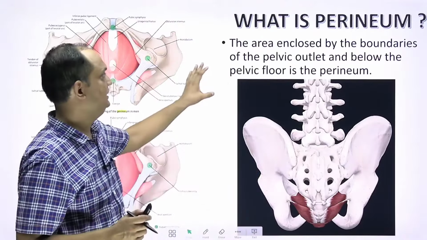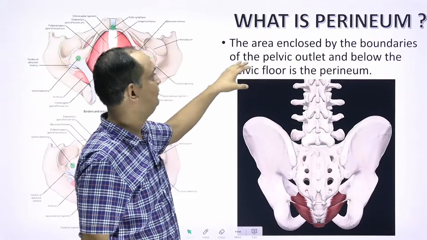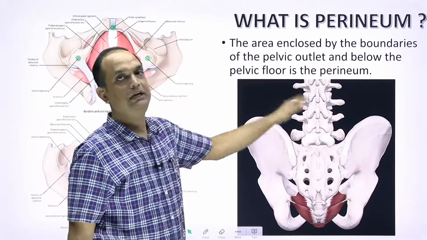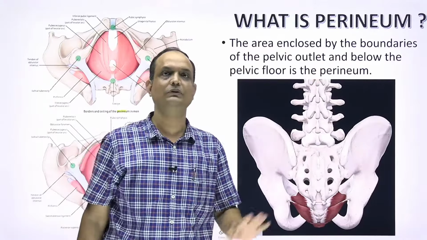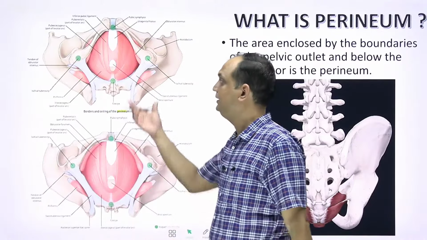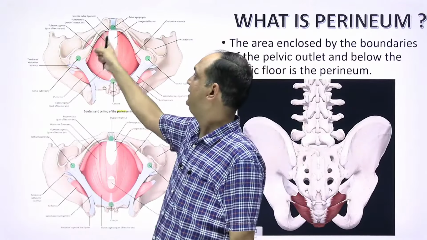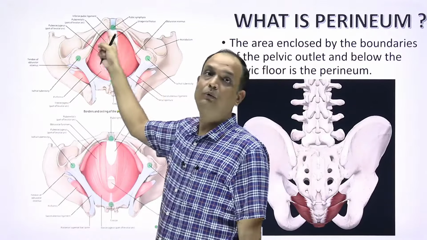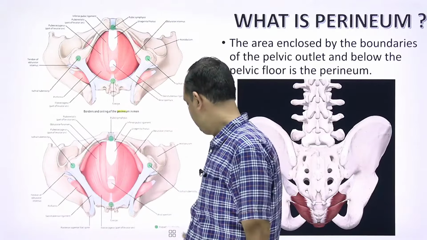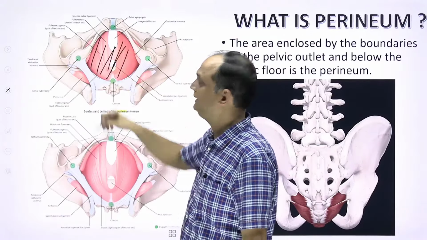Now, in short, if in a viva you are asked to define the perineum, or what is the perineum, your answer is that the area enclosed by the boundaries of the pelvic outlet, lying below the pelvic floor, is called the perineum. This is the simplest definition, which you can appreciate here: when you look from below, the pelvic outlet bounds the perineum, and the muscles visible here are the muscles of the pelvic diaphragm.